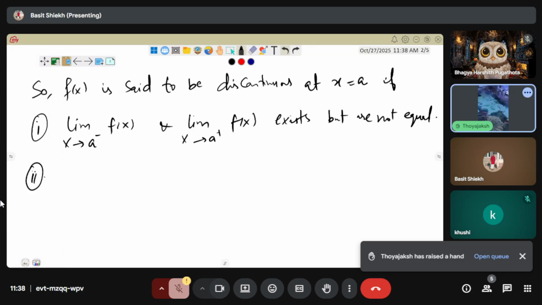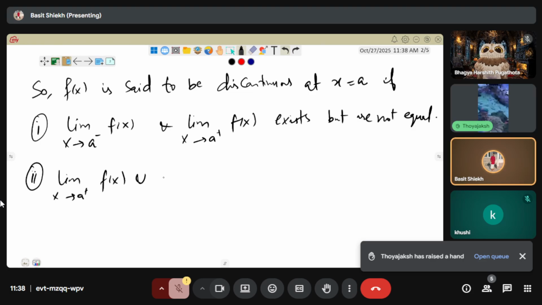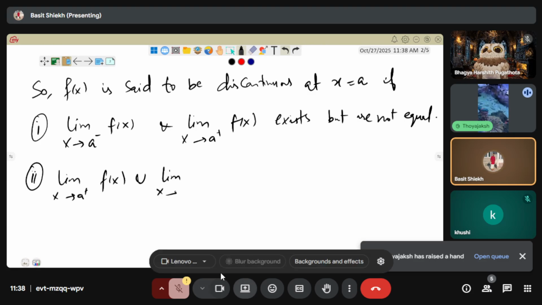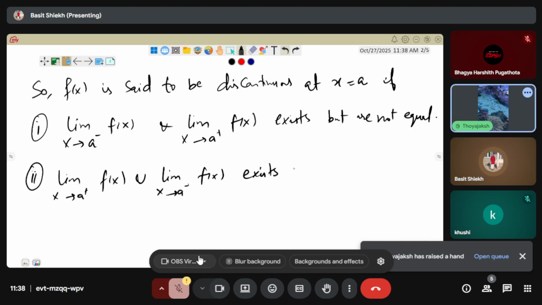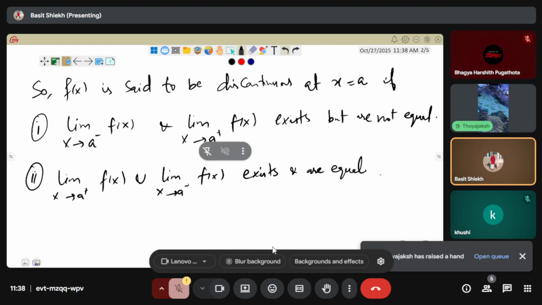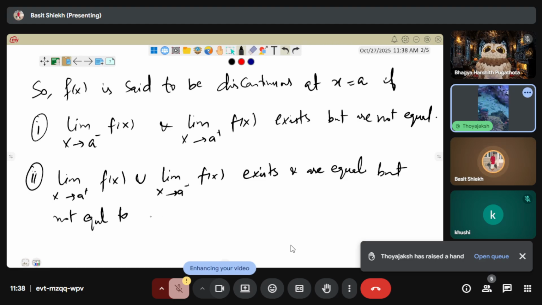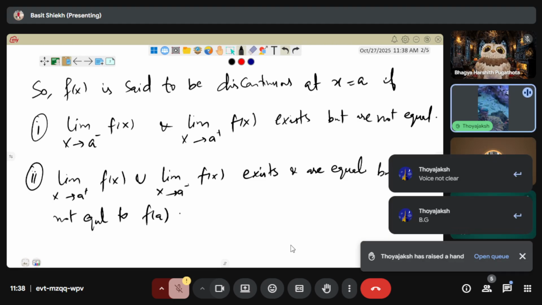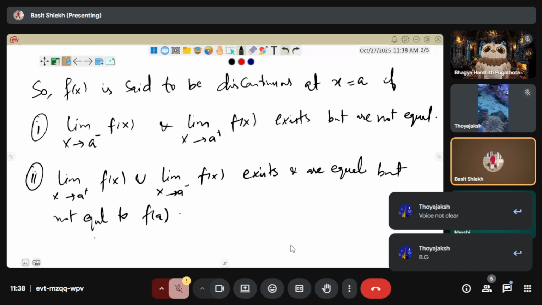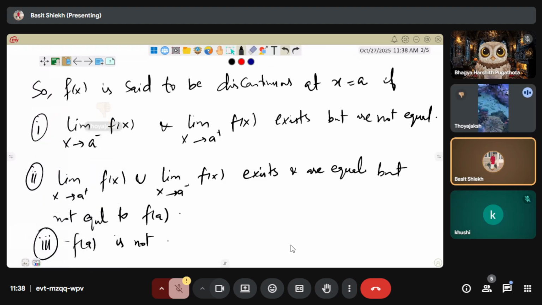Second, limit x tends to a plus f of x and limit x tends to a minus f of x exist and are equal, but not equal to f of a. Third, f of a is not defined.